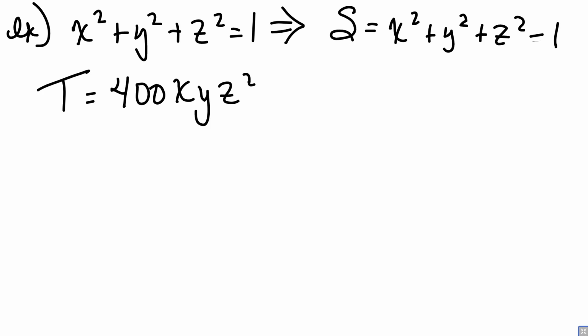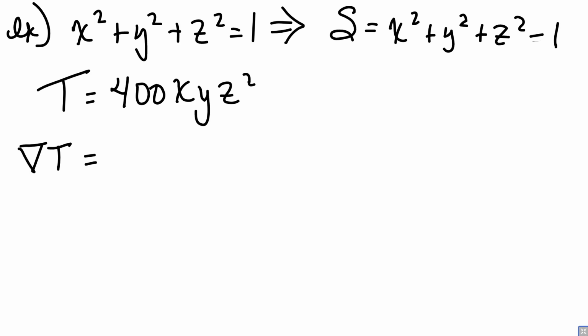And the second equation is already set up for us. So if we're going to use the Lagrange multiplier, the first thing we're going to do is find the gradient of T.